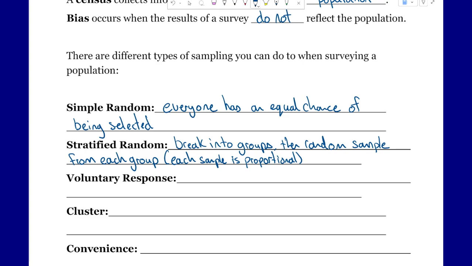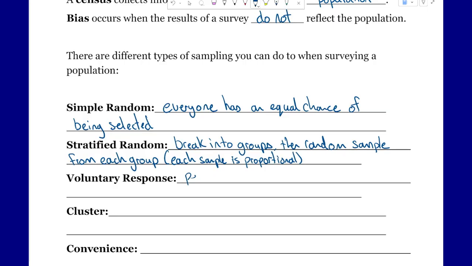If we had more students in a certain grade, we would randomly select more students from that grade. So we are keeping it in proportion. If I had more grade 12s, my random sample would have more grade 12s selected than grade 9s, 10s or 11s. We make sure that the sample is proportional to the overall population that we're pulling from.